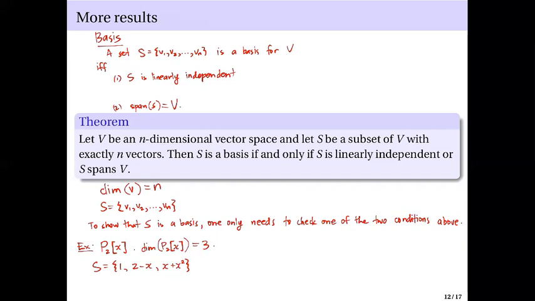Okay? Maybe we can show linear independence. Okay? So to show linear independence, suppose you have k1 times 1 plus k2 times (2 minus x) plus k3 times (x plus x squared).